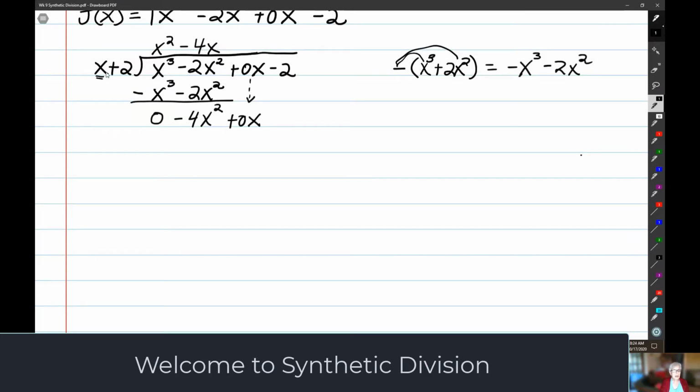So negative 4x times x is negative 4x squared. And I'm going to erase that 0 so it won't keep bothering me. Okay, now negative 4x times 2 is negative 8x.